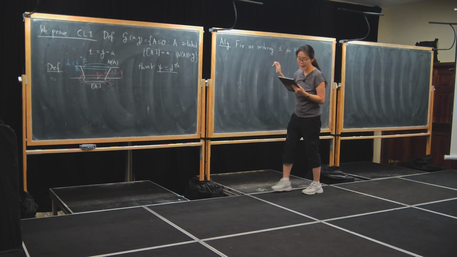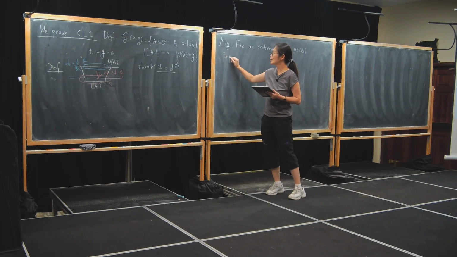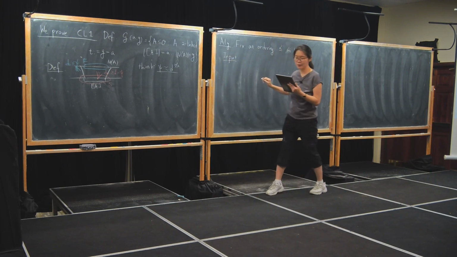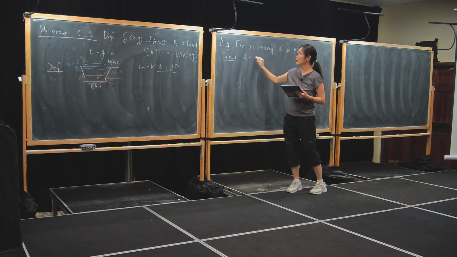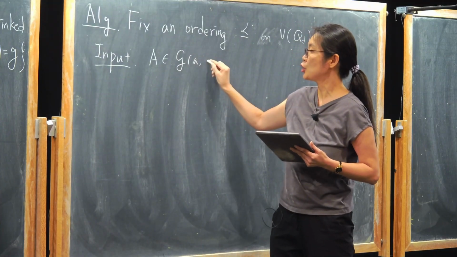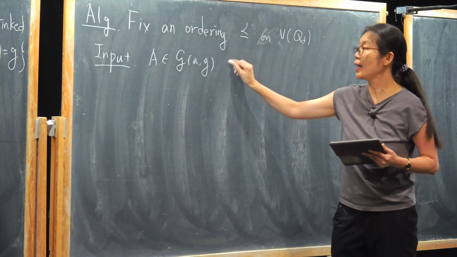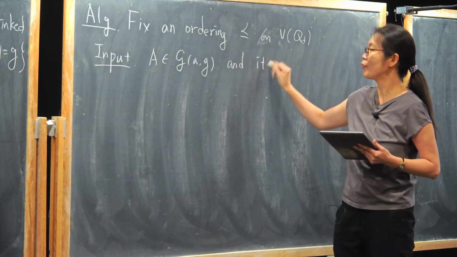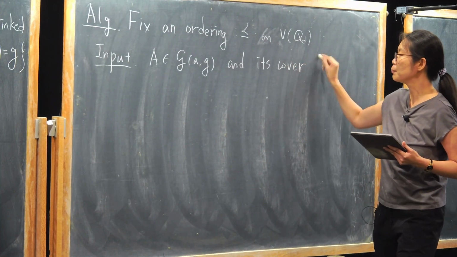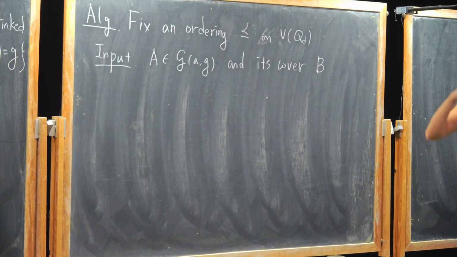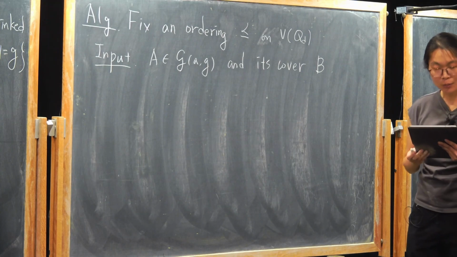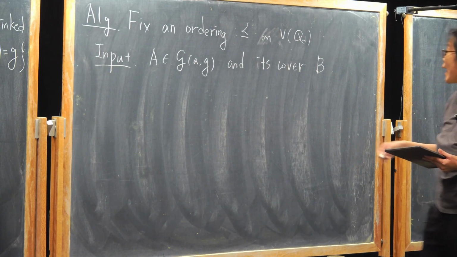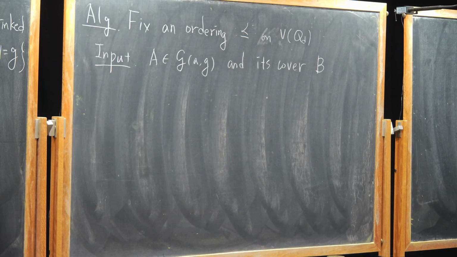So we fix an ordering. And the input for this algorithm is a member A in the collection GAG and its cover B. So if we input A and B to this algorithm, what happens in this algorithm is this.